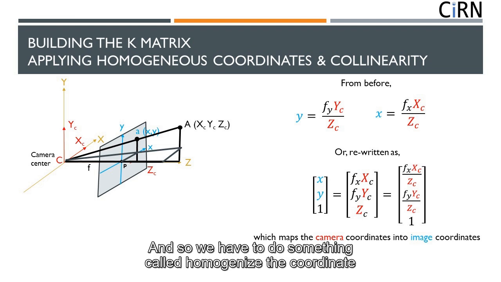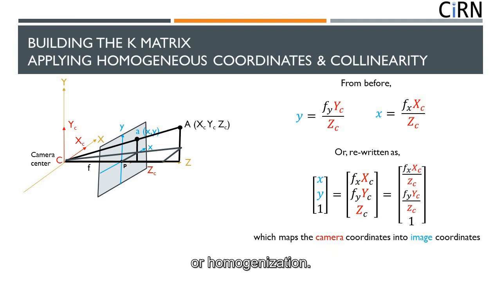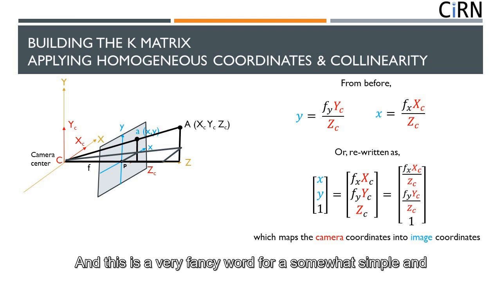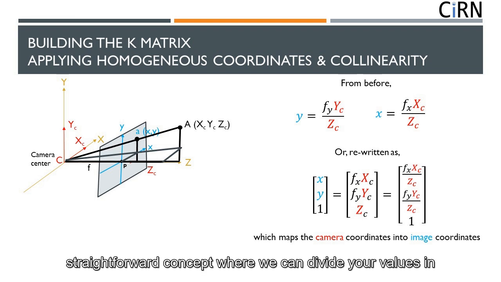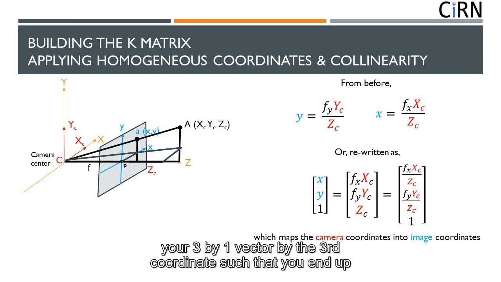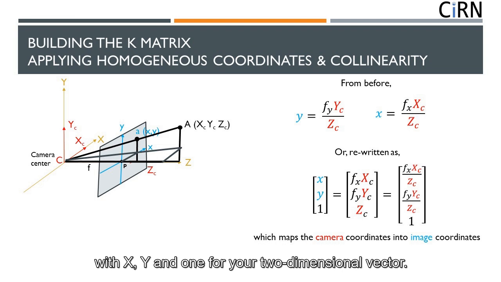And so we have to do something called homogenizing the coordinates, or homogenization. This is a very fancy word for a somewhat simple and straightforward concept, where we divide the values in your 3x1 vector by the third coordinate such that you end up with X, Y, and 1 for your 2-dimensional vector.